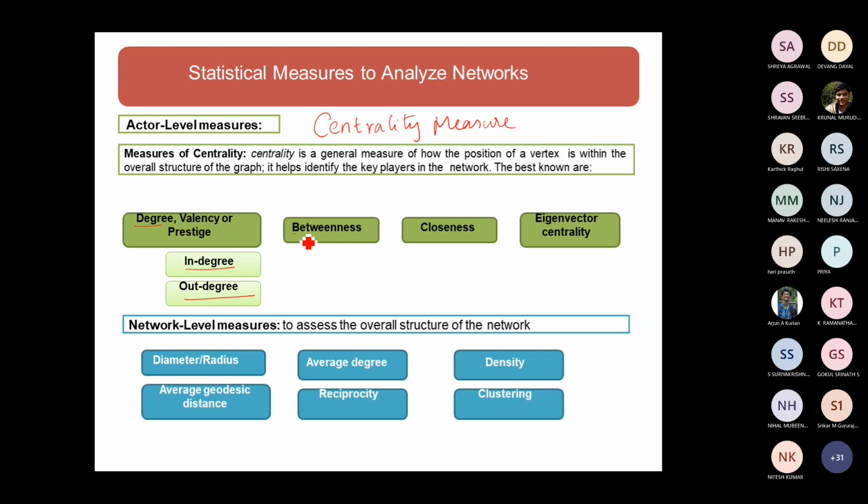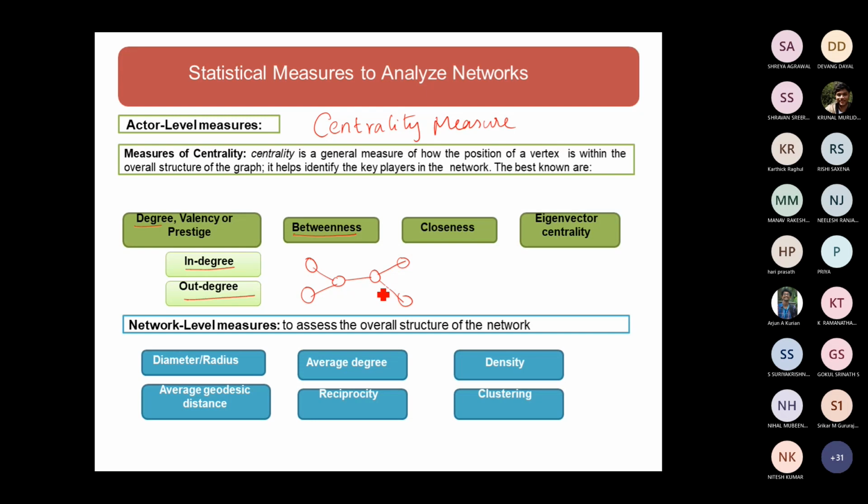So what is betweenness centrality? Given a graph, I have some graph. This is going to be the network of users who have been connected. Now, what is betweenness centrality?